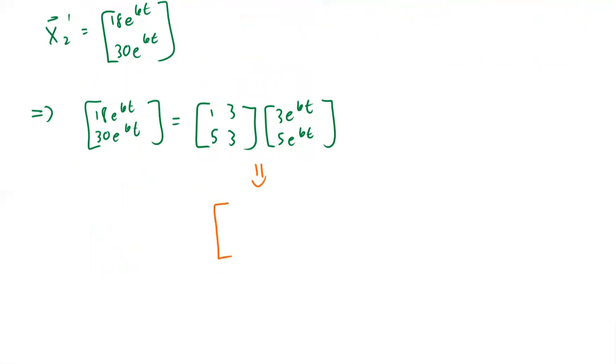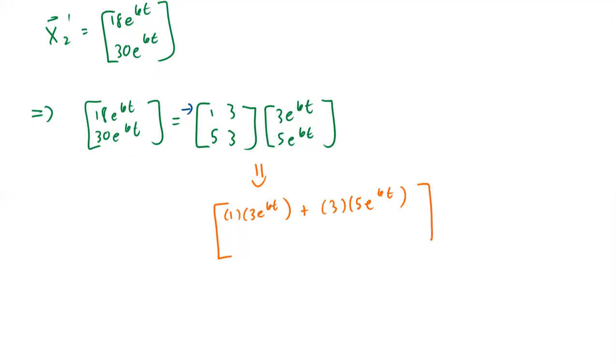Again, working row by row to calculate the matrix multiplication. First entry in the first row times the first entry in the vector, that's 1 times 3 e to the 6t, plus second entry in the first row times second entry in the vector, that's 3 times 5 e to the 6t.